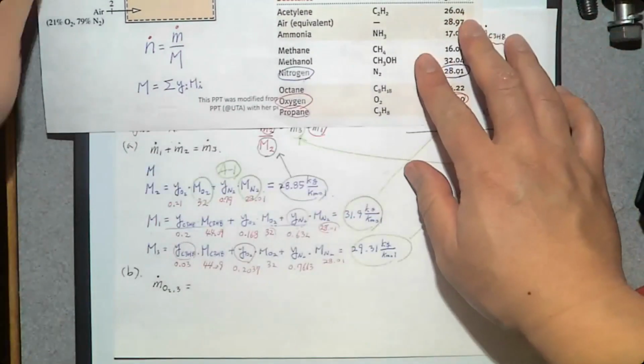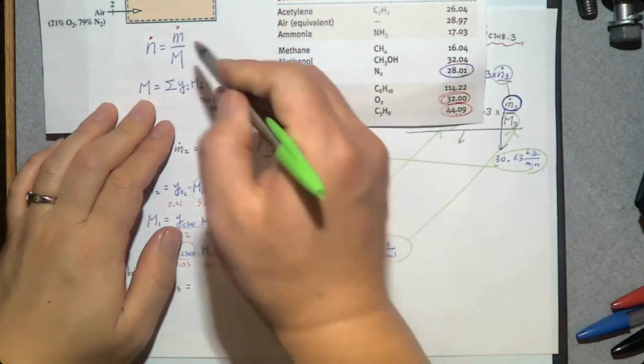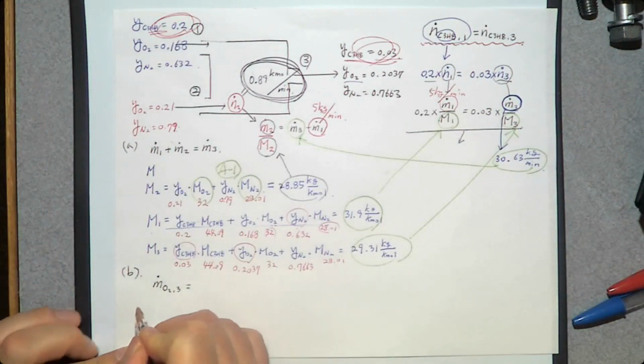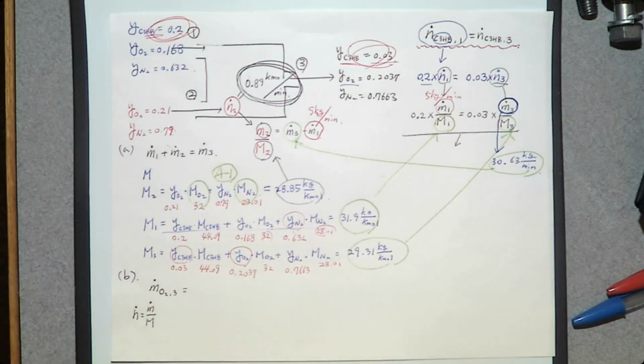Using this relation. N is mass over molecular weight. So if you add a dot, N dot is going to be M dot over molecular weight. That means M dot is N dot times molecular weight.